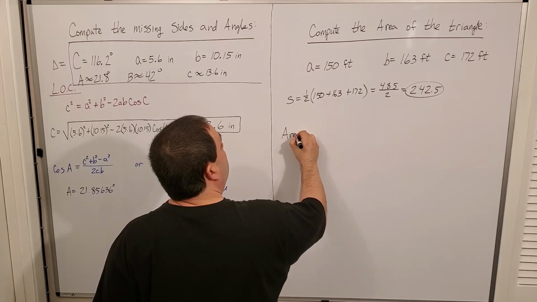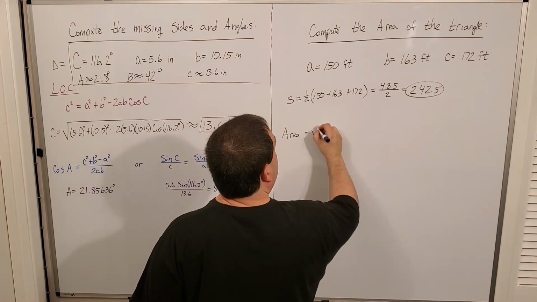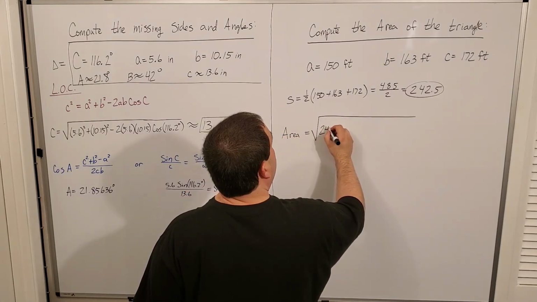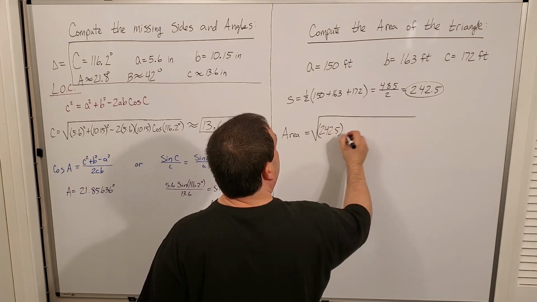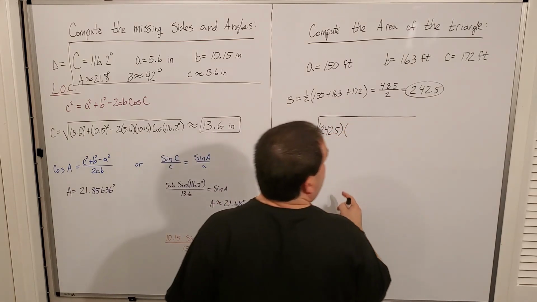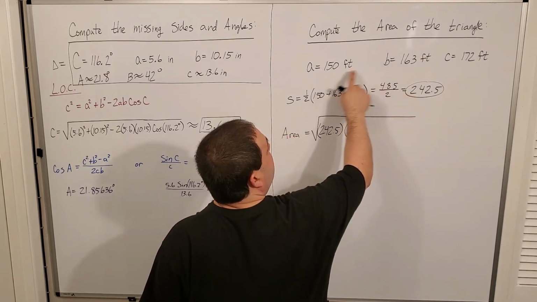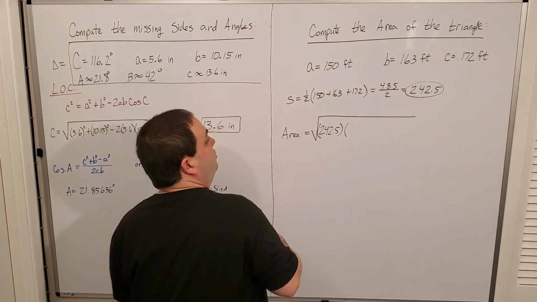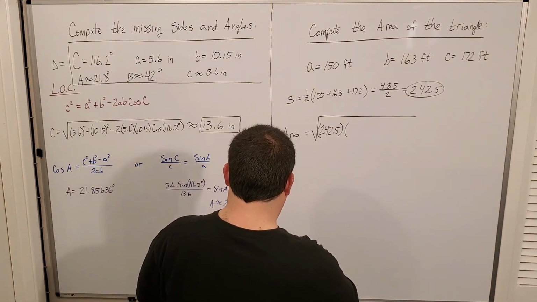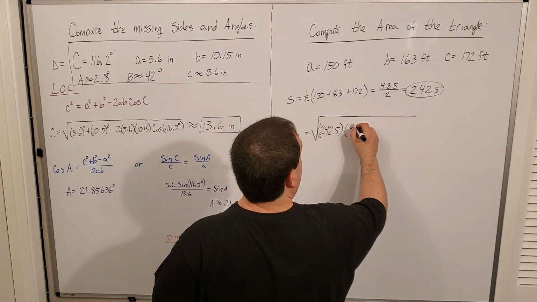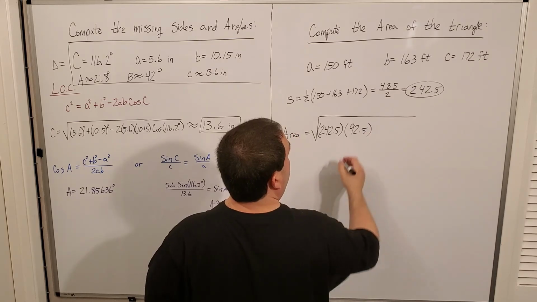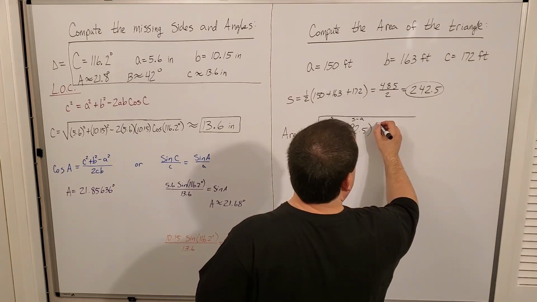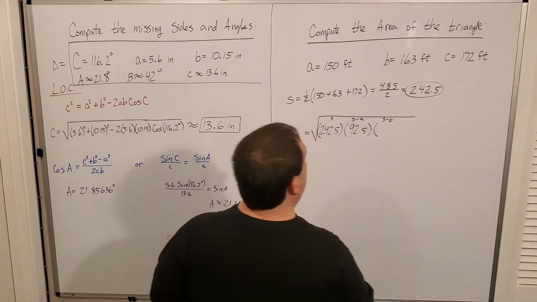So now the next bit I have to use the calculator anyway. The area of my triangle is going to be the square root of, I'm going to have my S value 242.5 times, I then have to subtract, right? 242.5 minus each one in its own multiplication chunk. Okay, so the 242.5 minus 150 is 92.5, right? So this is S. This is S minus A. Next, I'll do S minus B, right?